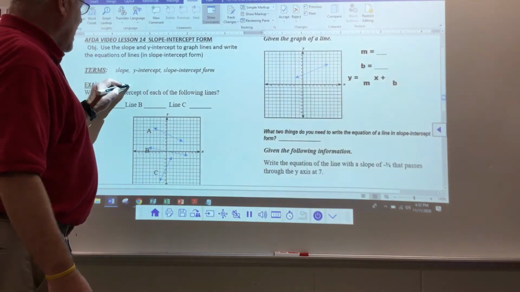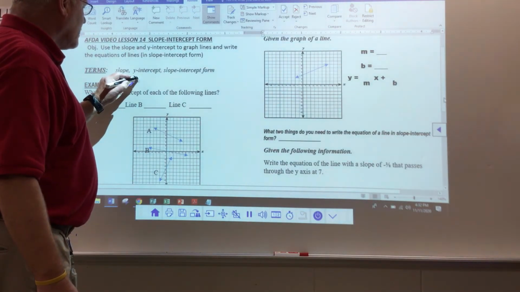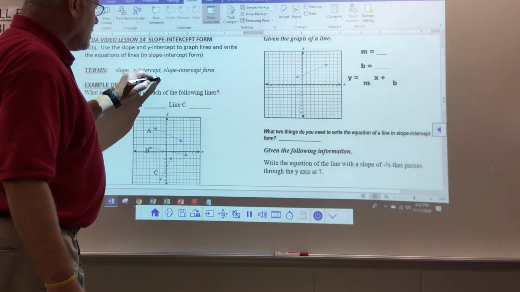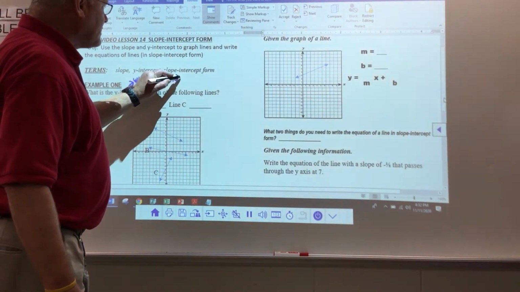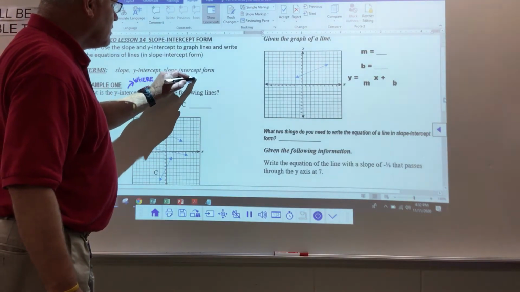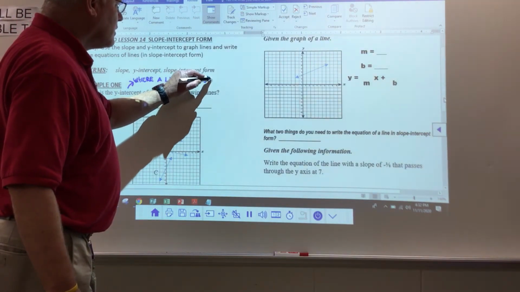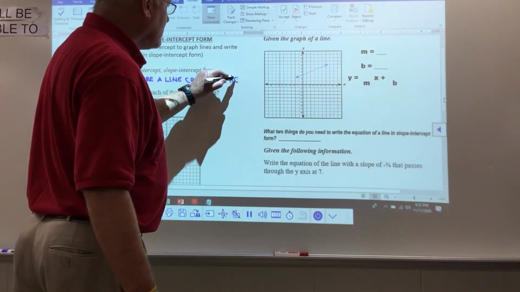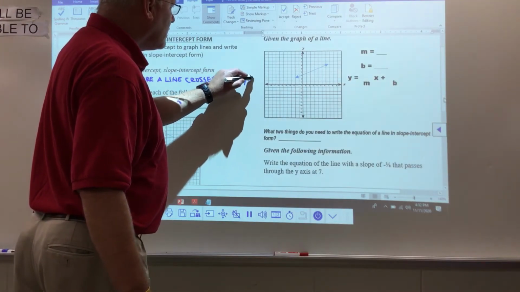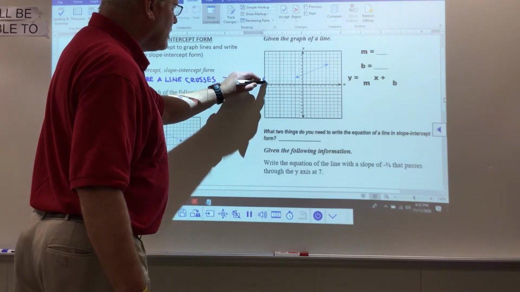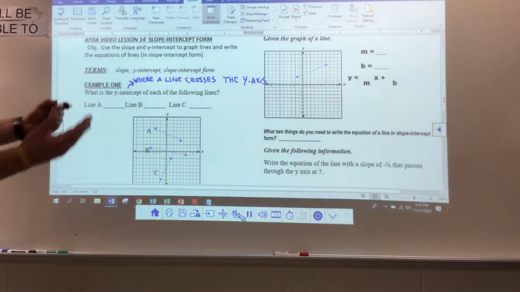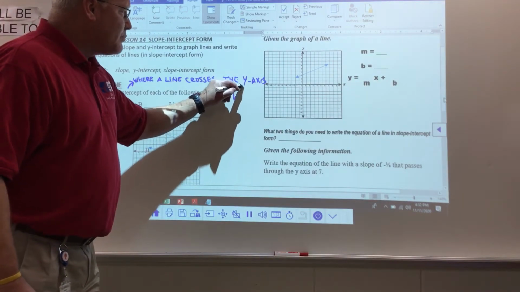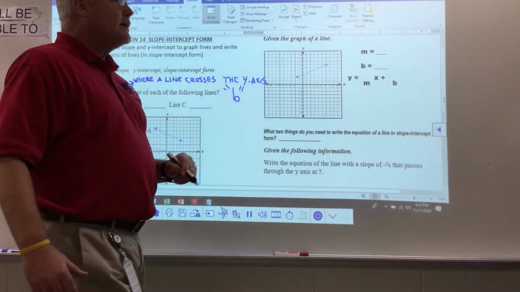So the y-intercept is where a line crosses the y-axis. Now, if you remember from the last lesson, it has the abbreviation of b.